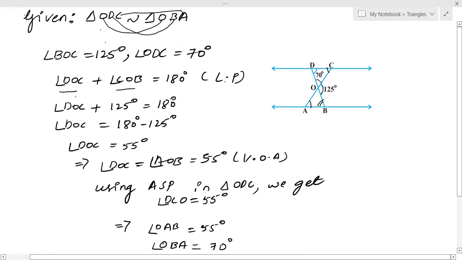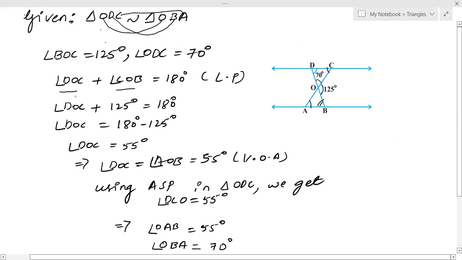So what is the reason? LP, linear pair. So we know the value of COB, which is 125 given in the question. So let's substitute that. We want DOC, we don't want this 125. Let's transpose it. So if plus 125 goes outside, it will become minus 125. So 180 minus 125 gives us 55. So DOC is 55 degrees.